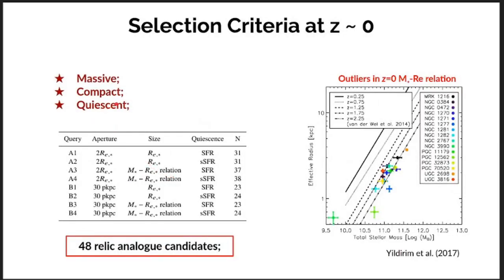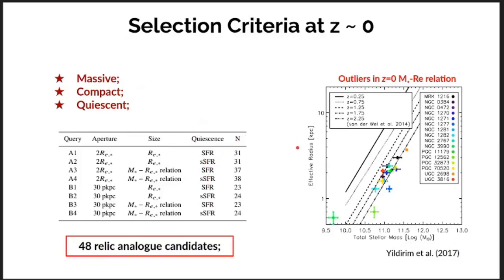So we started by looking at the catalogs of the simulation, looking first for massive, compact, and quiescent galaxies. These are the basic properties of a relic galaxy at redshift 0, or close to 0. So we use different criteria, different apertures, different separations in size, and different quiescence criteria.